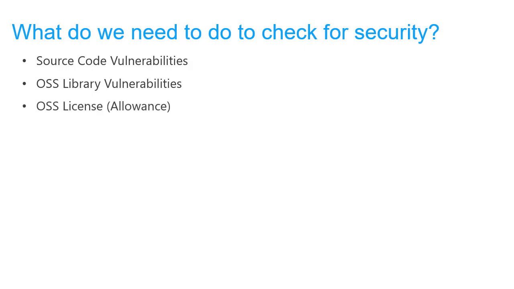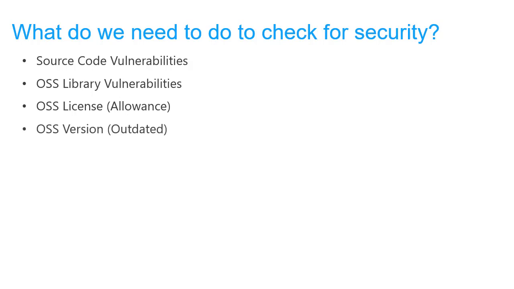Also, we check the open source library for license, because sometimes the license is not allowed to be used in the ways that I might use it. For example, some open source library licenses will not allow me to ship a commercial application based on their open source license. I must produce my application as open source, otherwise I can't use their library. So it's very important as well to validate and verify the license.